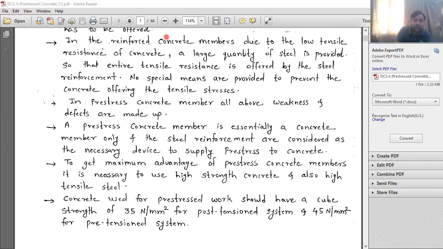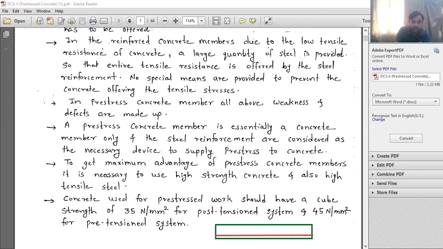So if I draw the diagram of this, here I will draw. This is the beam, and the tendon, suppose this is the bar.